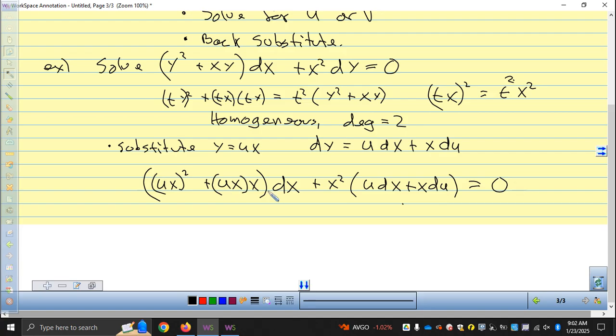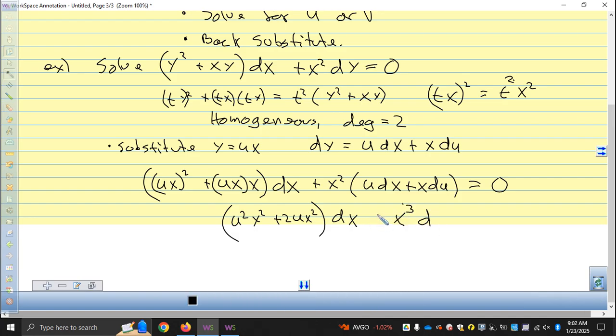Now I'm going to multiply through and combine like terms, get all my du's together, get all my dx's together, and I get u squared x squared plus 2ux squared dx plus x to the third du equals 0.